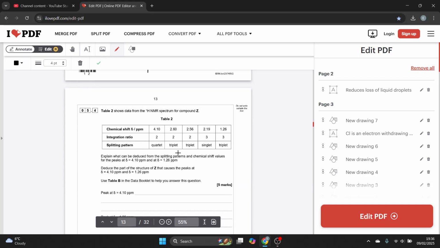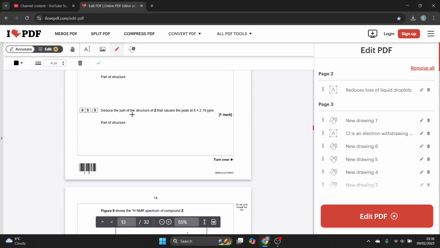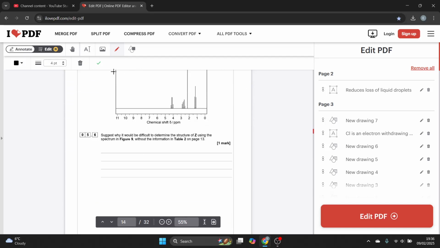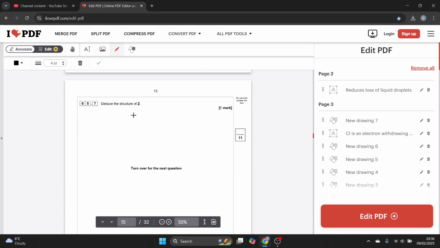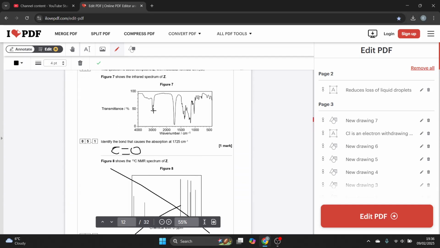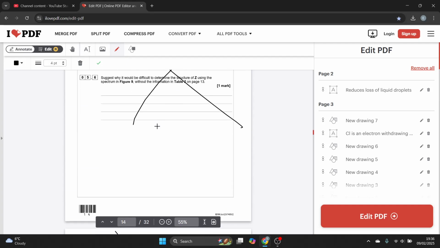So the only part I could do is 5.1, just reading 1725 cm⁻¹ is the C double bond O carbonyl functional group.